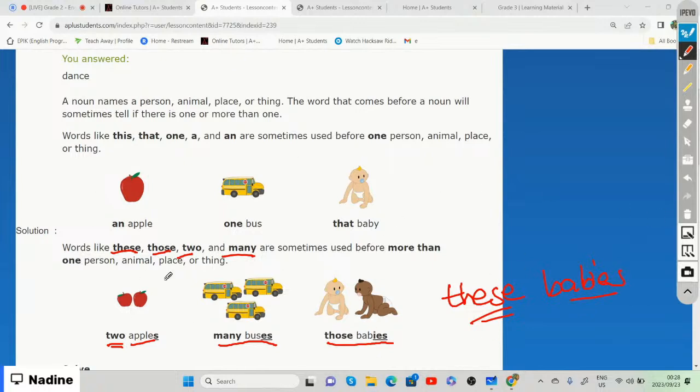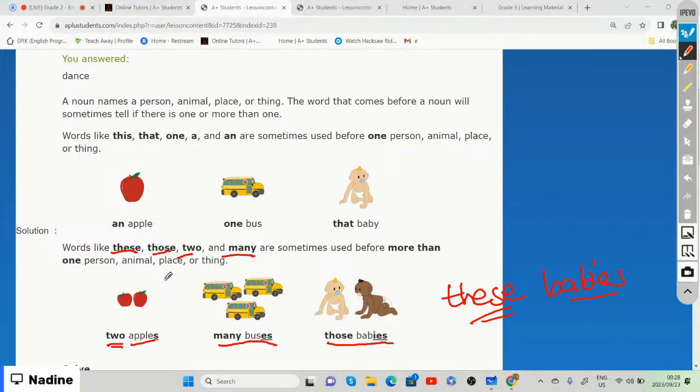And these are examples of plural forms, right? Anything or something that shows plural. So words like these, those, two, and many are sometimes used before more than one person, animal, place, or thing.